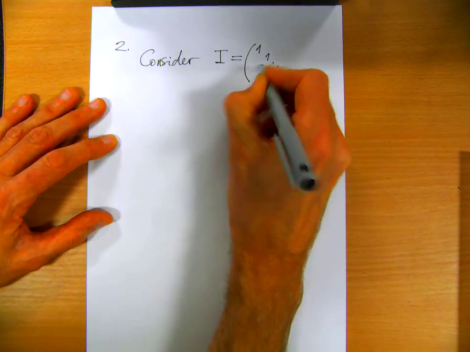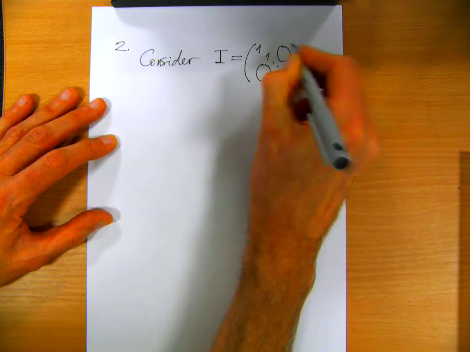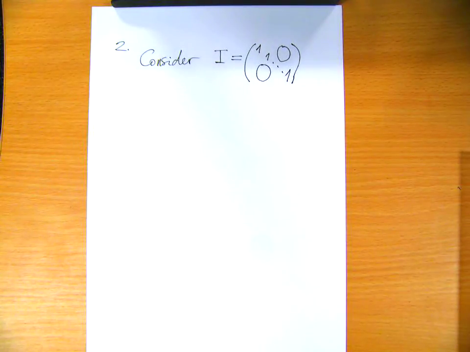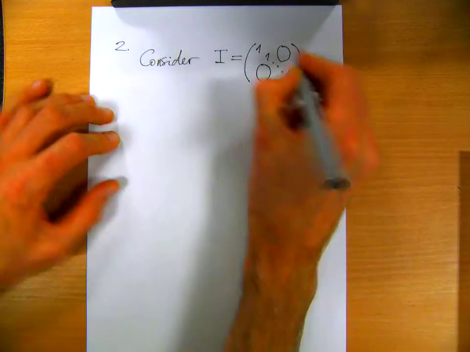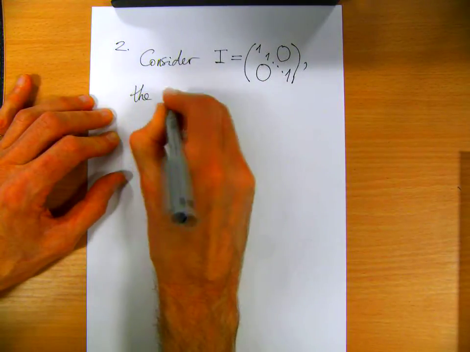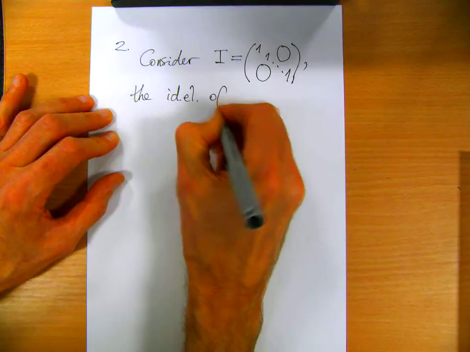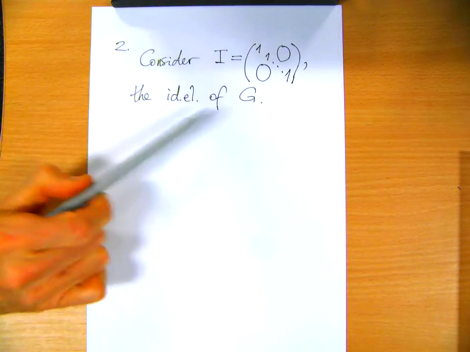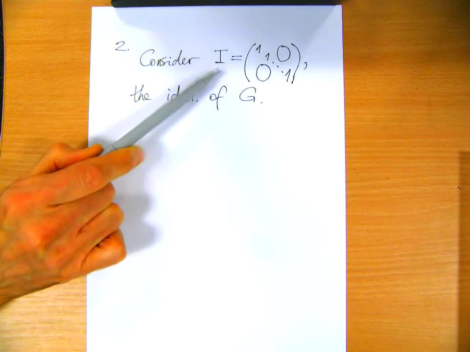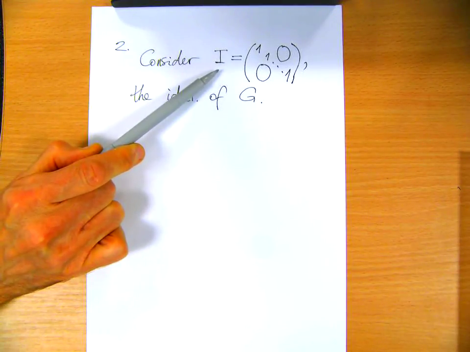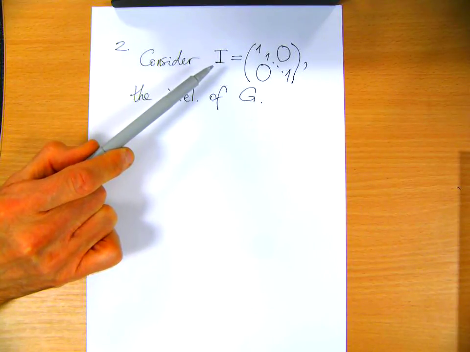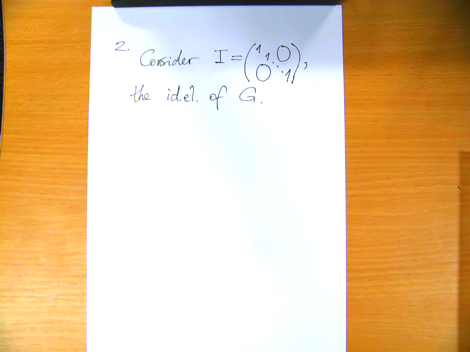It's the matrix with 1s down the principal diagonal and 0s everywhere else. So big G, remember, is the general linear group. It has an identity element, which is the identity matrix. What I've got to do is show that big I is in big H. That's condition 2 being checked.